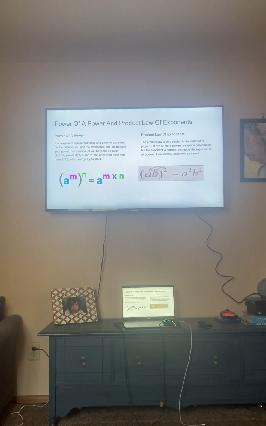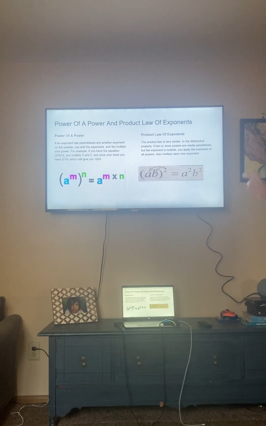For example, if you have the equation 2 to the 5th power with the 2nd power on the outside, you multiply 5 and 2, and once you're done, you will have 2 to the 10th power, which will give you 1024. It's just an easier way of making your exponent easier for you.